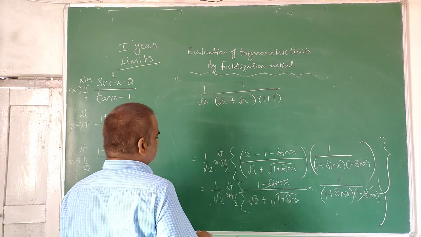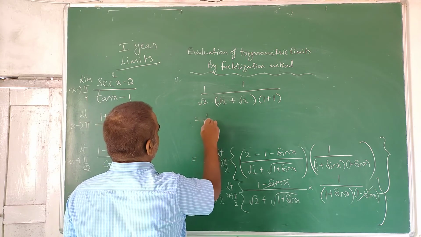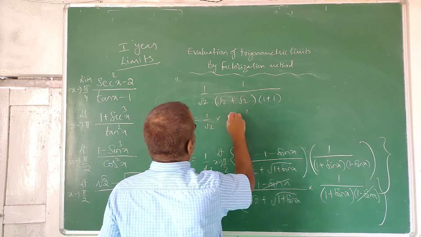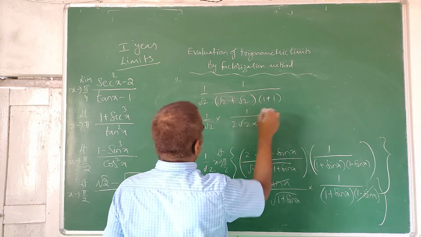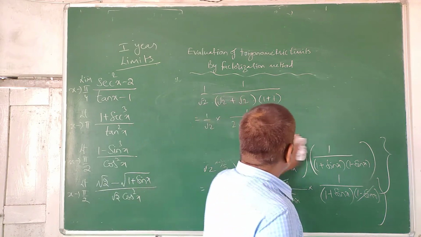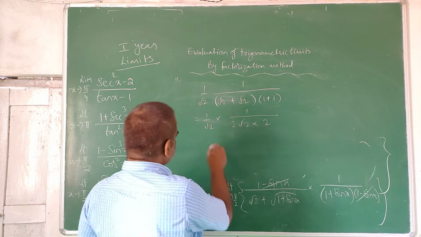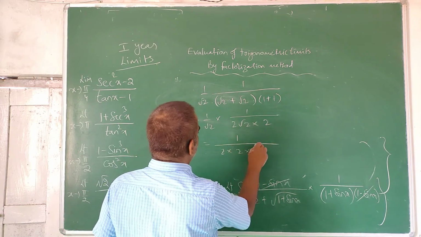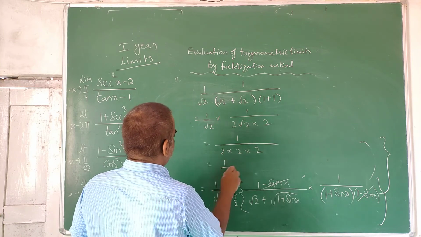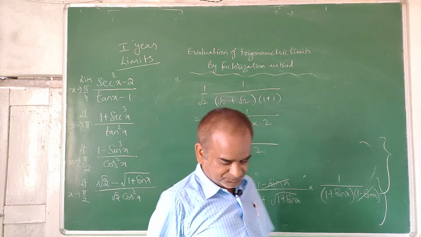Are you following? So this is equal to 1 by root 2 into 1 by root 2 plus root 2, which is 2 root 2, into 1 plus 1 is 2. So 1 by 2, 2 into 2 into 2, root into root is 2. So 1 by 8 is the answer.